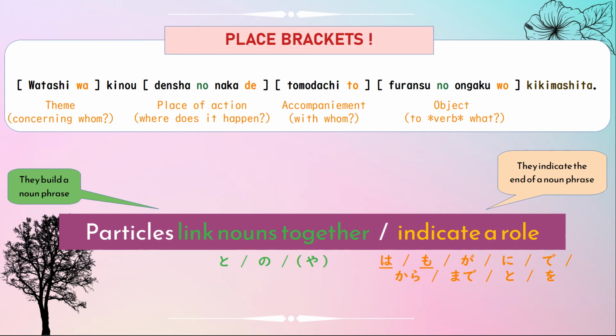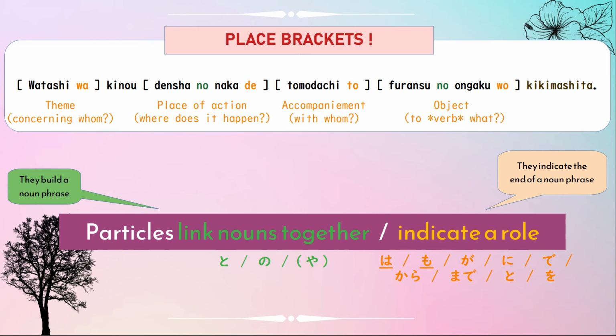But of course, you have to know what particles to drop. Because if you drop a particle that is actually important, that should not be deleted, then the other person won't even understand what you want to say.